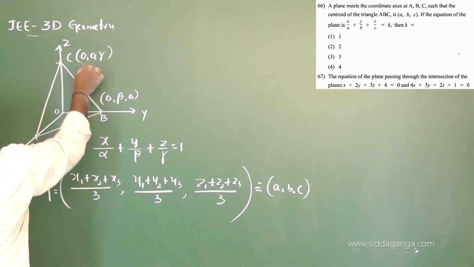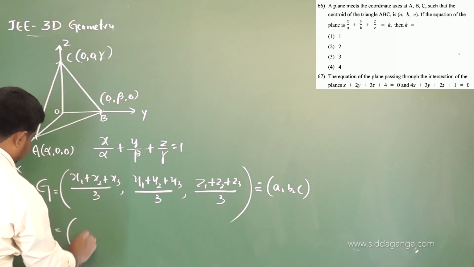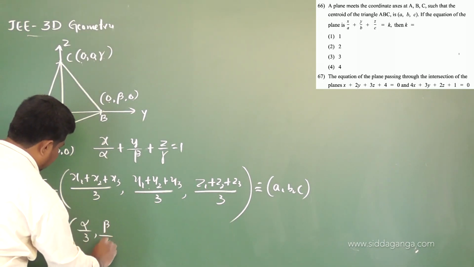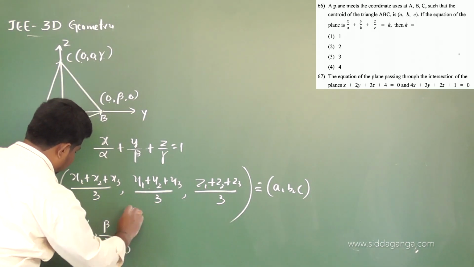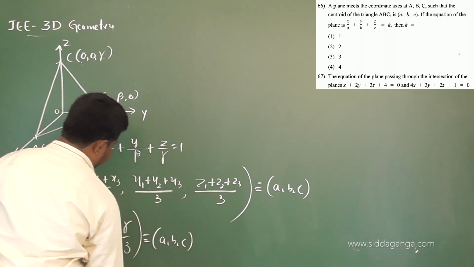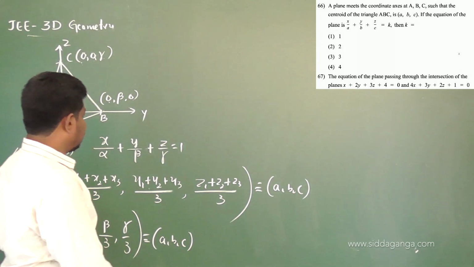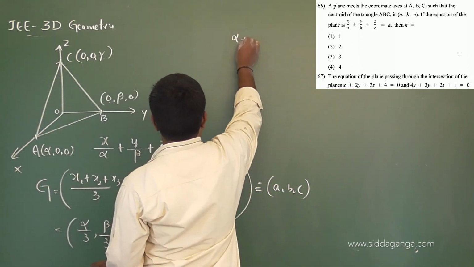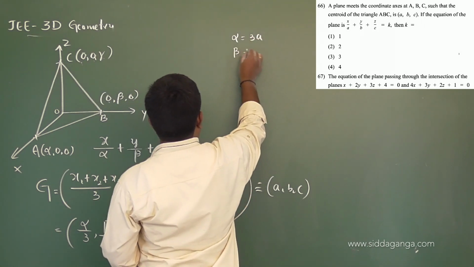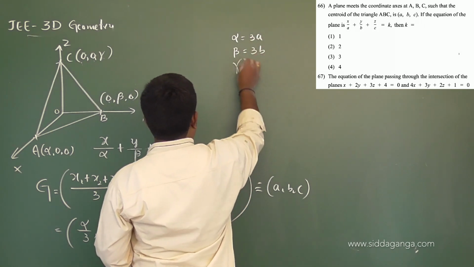Now alpha plus 0, so you get alpha by 3, in the same way beta by 3, gamma by 3, and this is equal to (a, b, c). So from this, alpha is 3a, beta is 3b, and gamma is 3c.